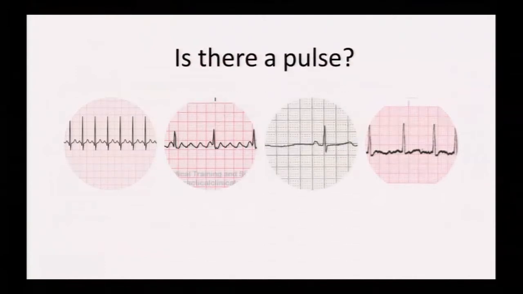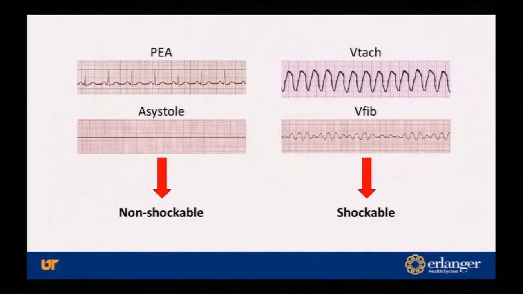So if there's no pulse, all of these rhythm strips are PEA arrest, okay? So it doesn't matter if you're in bradycardia or if you're in AFib with RVR. If you don't have a pulse, then you're in PEA. And I've seen that confused a lot in both the simulation situation as well as in real life. So these are the only 4 rhythms that you're dealing with in cardiac arrest, and they're 2 different categories, non-shockable and shockable, okay?